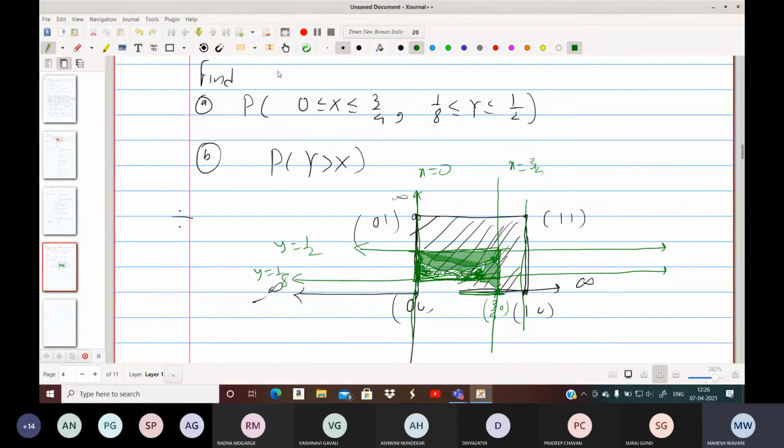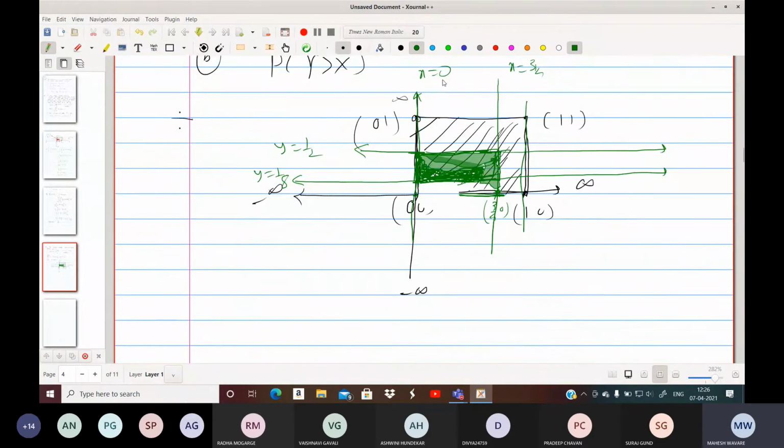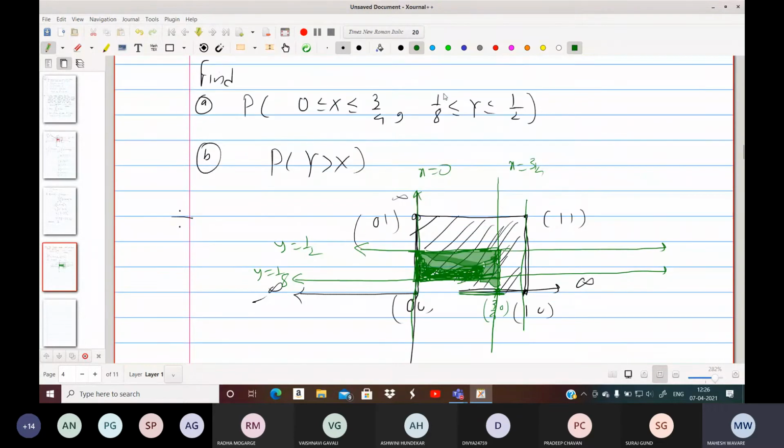This is ours. Forget about that extra part. So directly limits are given in the part A. We have to integrate for this x and for this y. That's it.